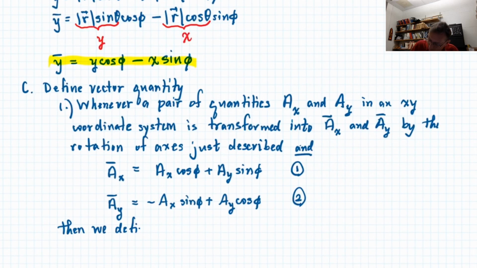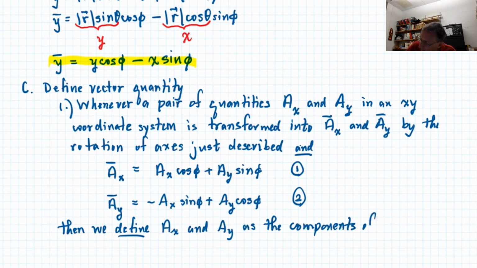Then we define Ax and Ay as the components of a vector, which we would denote A arrow. So a vector is defined by how its components are transformed when you rotate the axes of your coordinate system.